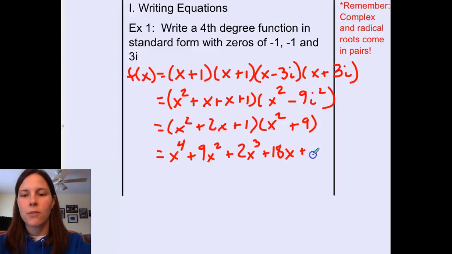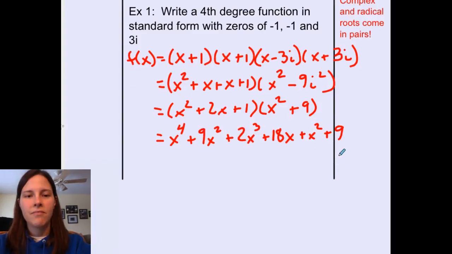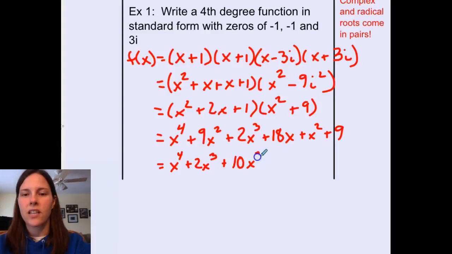And then I'll distribute my 1 to the x squared and to the 9. Finally, we'll combine all of our like terms. We have a 2x cubed that does not have a like term. 9x squared plus x squared gives us a total of 10x squared. Plus our 18x does not have like terms, plus our 9 does not have like terms.